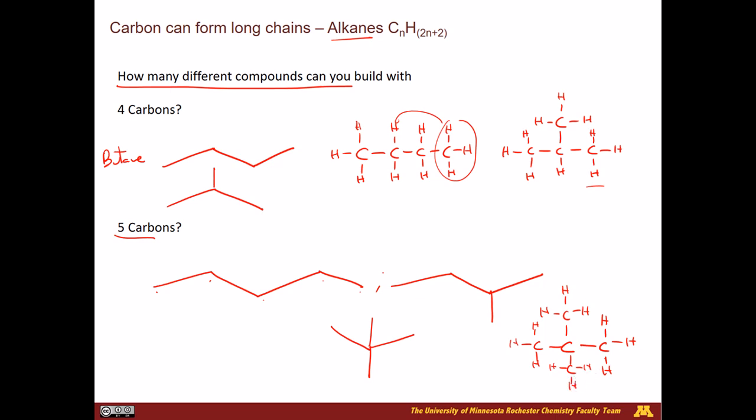Notice that it still follows the same rule: C5H10, no, H12, sorry, right? It should be 2 times 5 plus 2, which is 12. Do I have 12 hydrogens everywhere? Let's count. 1, 2, 3, 4, 5, 6, 7, 8, 9, 10, 11, 12. Okay, so that is true.